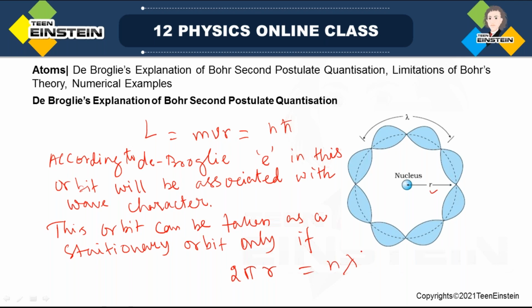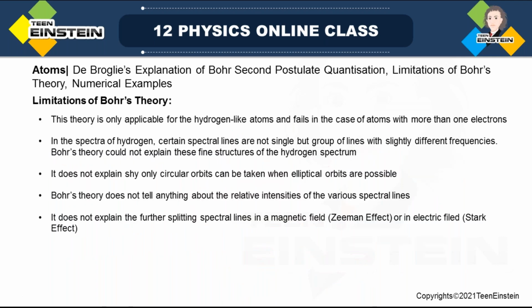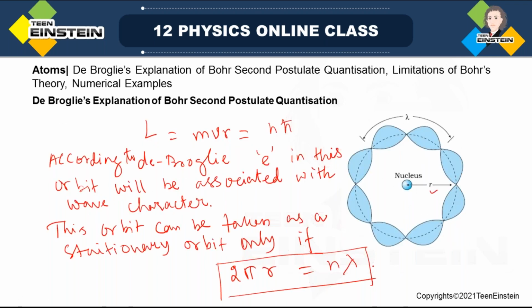So actually this length will have an integral multiple number of wavelengths. Then only this particular orbit will be a stationary state. So this is the condition we have got. Let us clean this portion.